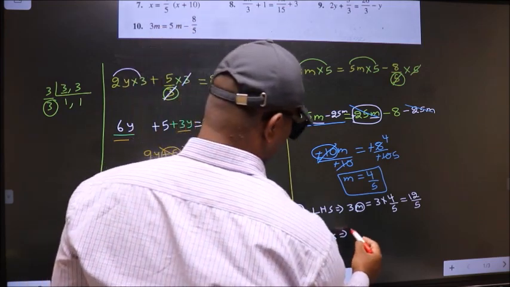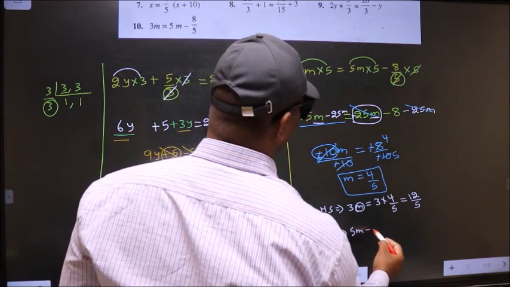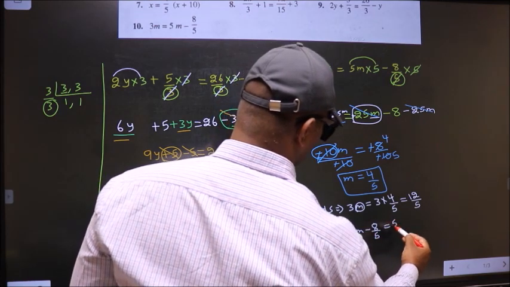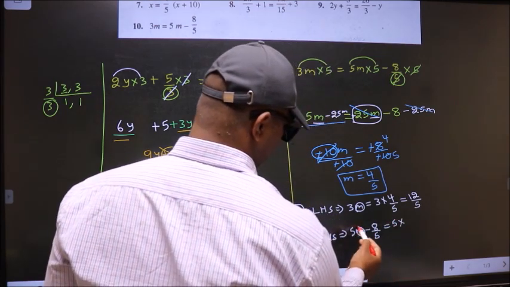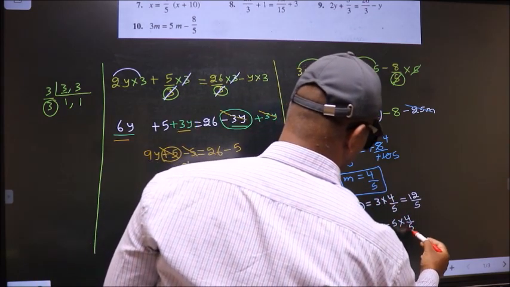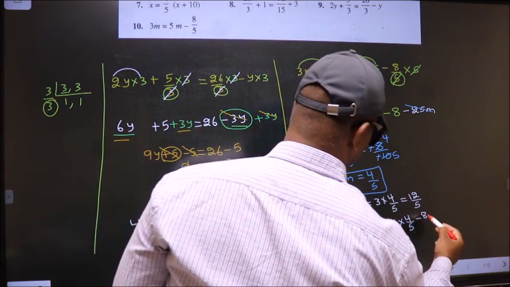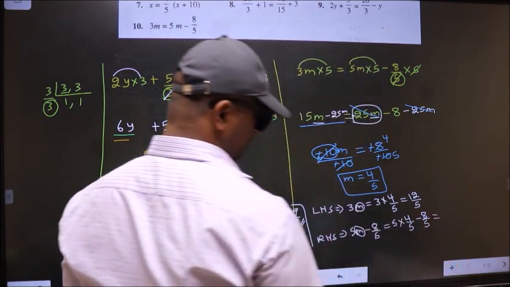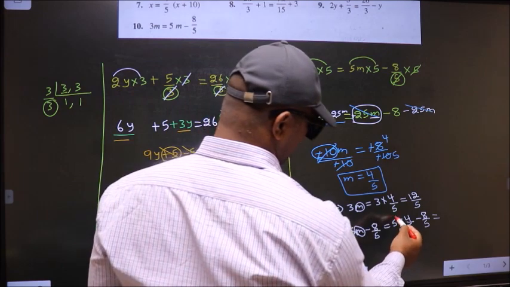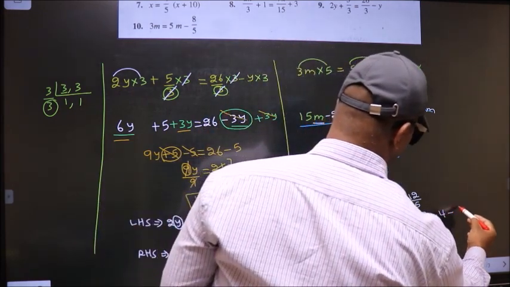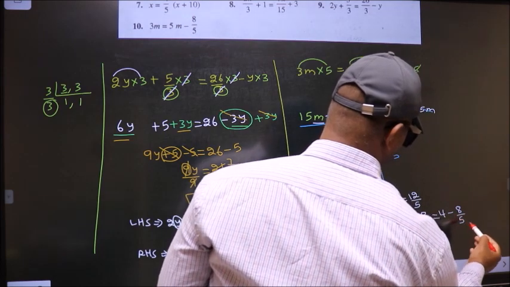RHS is 5m minus 8 by 5 equal to 5 into, in place of m we write this 4 by 5, minus 8 by 5, that is equal to, here if we cancel 5 we get 4 minus 8 by 5.